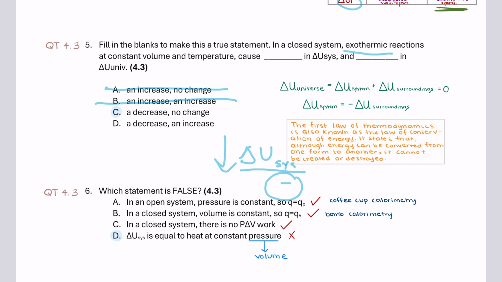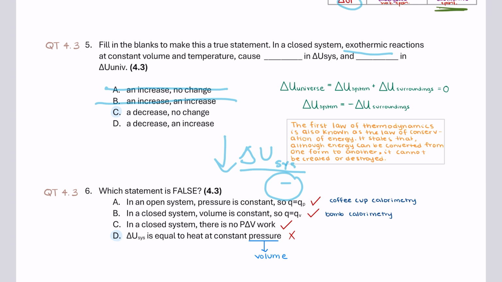Now, for the second part of the question, what happens to the internal energy of the universe? This is where we use the first law of thermodynamics, the law of energy conservation. It tells us that energy cannot be created or destroyed, only transferred.